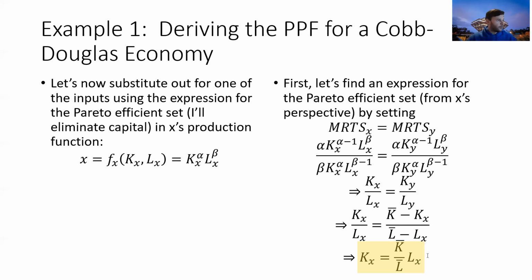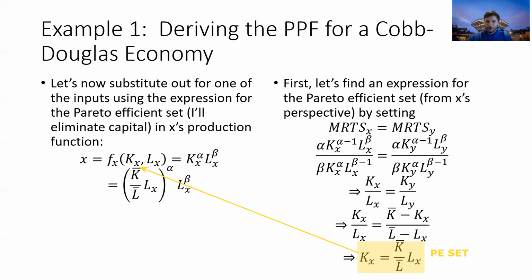So here is our Pareto efficient set. We're going to take that and plug it in. So now we're not just looking at any particular combination of things that firm X could produce. We're looking at the efficient allocations that firm X could produce. So we plug that in there.